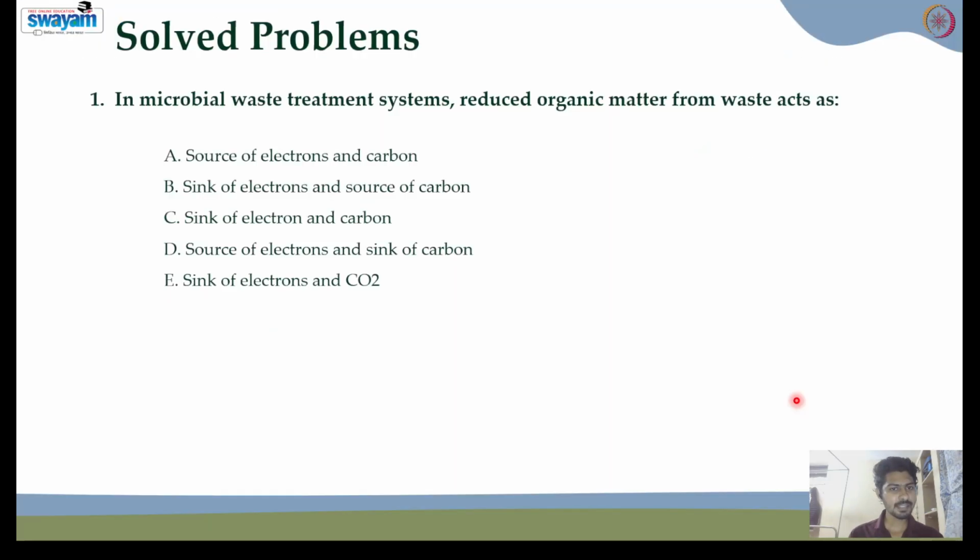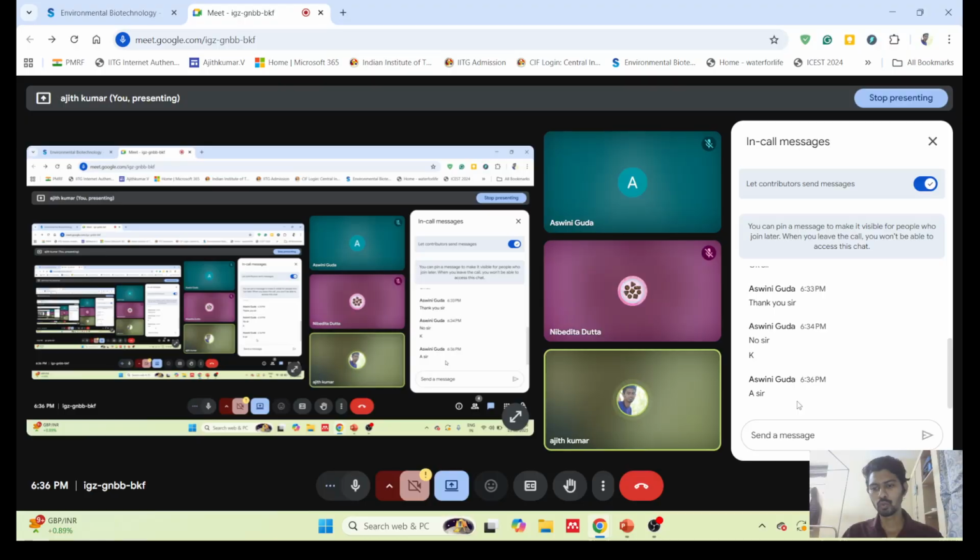You can post your answers so that we can discuss it. So in a microbial waste treatment system, the reduced organic matter from the waste acts as either source or sink of electrons and carbon, or sink of electrons and source of carbon, or sink of electron and carbon, or sink of electrons and CO2.